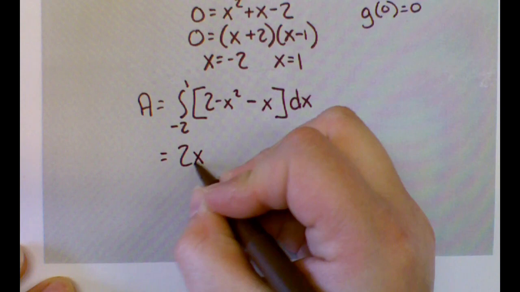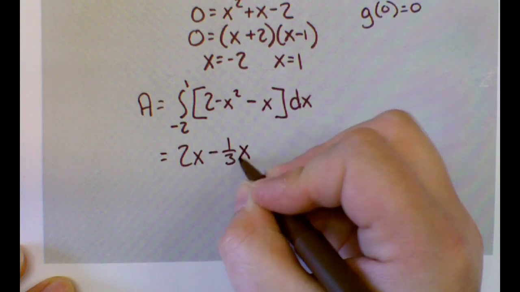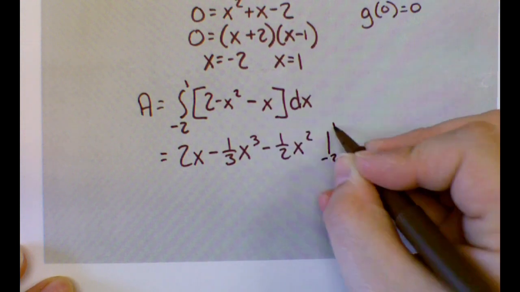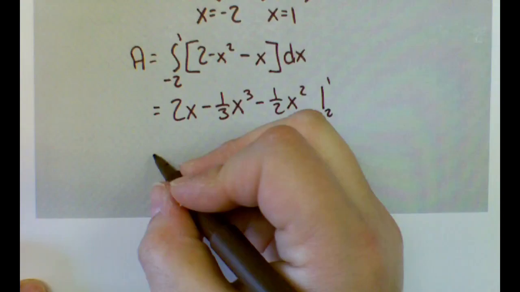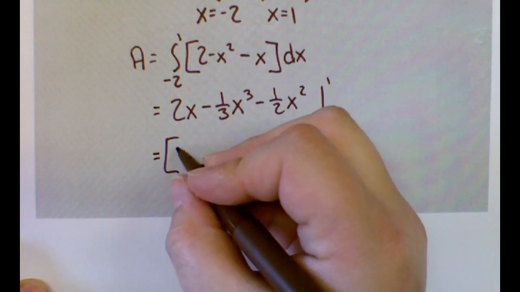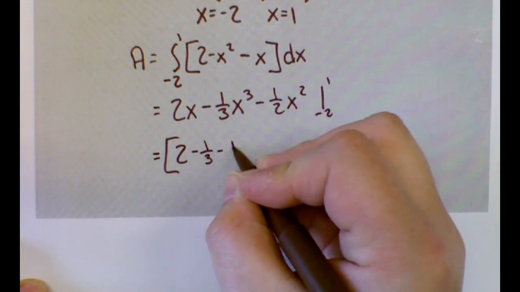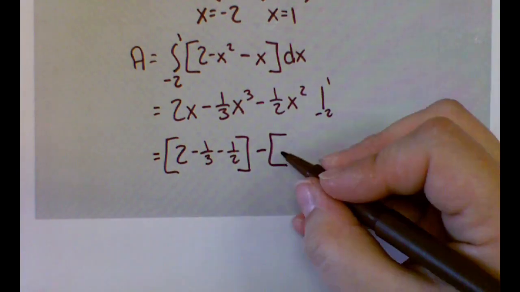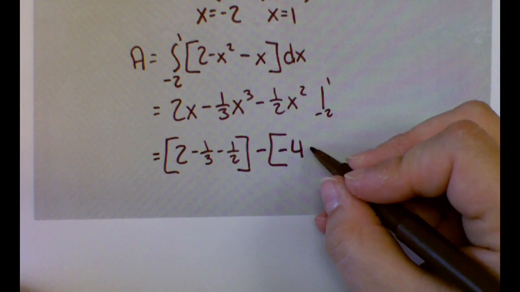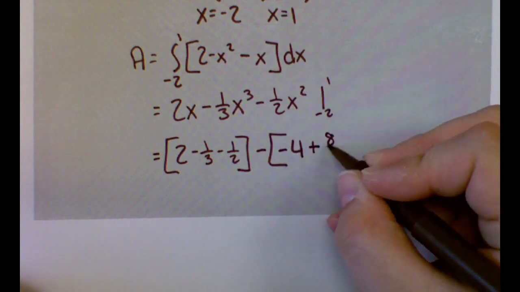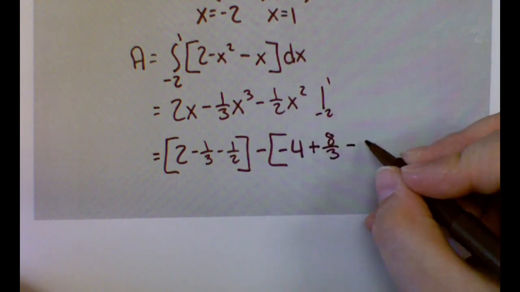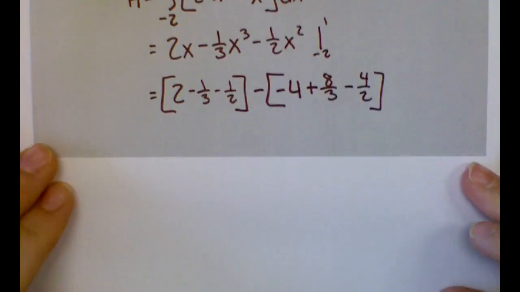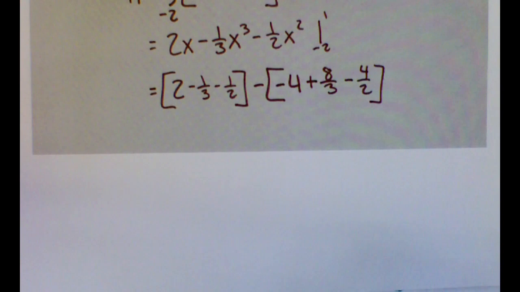I have 2x minus 1/3 x cubed minus 1/2 x squared, evaluated from -2 to 1. And that will be, when I plug in 1, I get 2 minus 1/3 minus 1/2, minus, when I plug in -2, I have -4 plus 8/3 minus 4/2. Since I'm doing this without a calculator, I had to do a little bit more work.